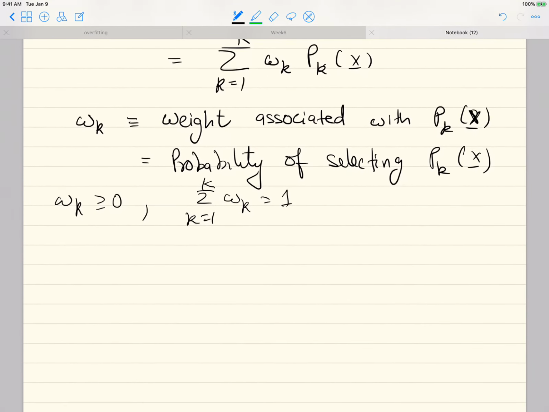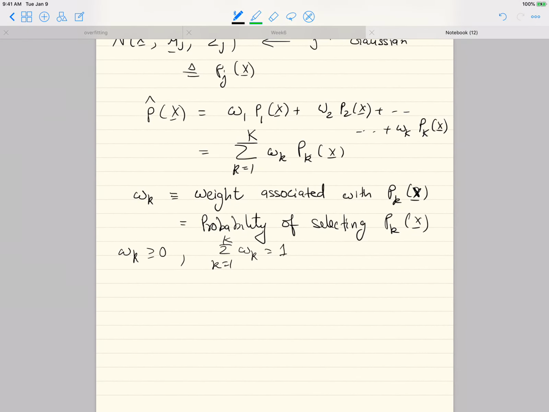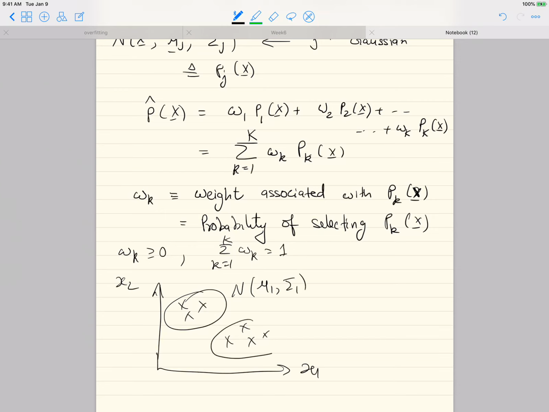So the idea is that if you have two clusters like we had before, and you have some points like this, and you have a Gaussian here with mean mu1, covariance sigma 1, and another Gaussian with mean mu2 and covariance sigma 2, your actual density will be a weighted sum of those two.